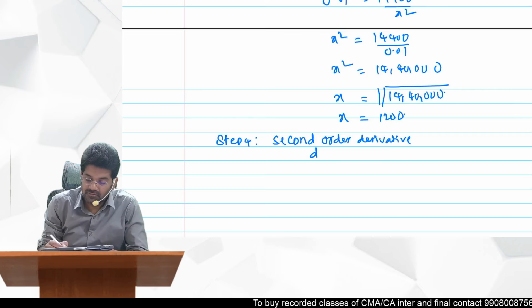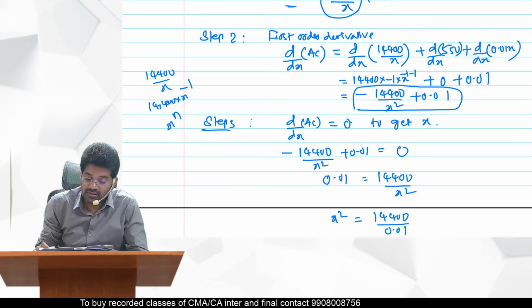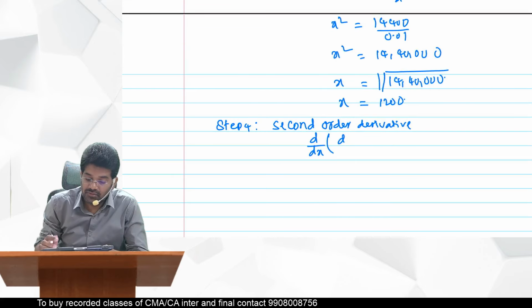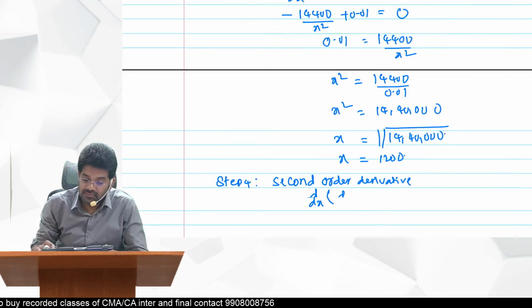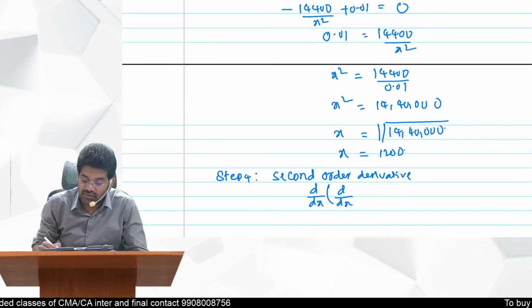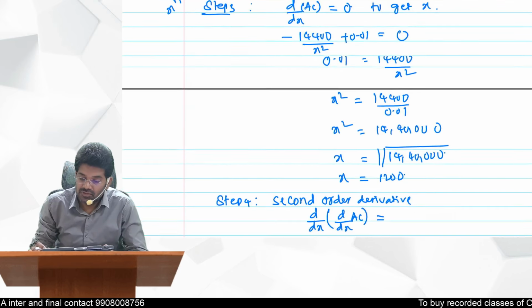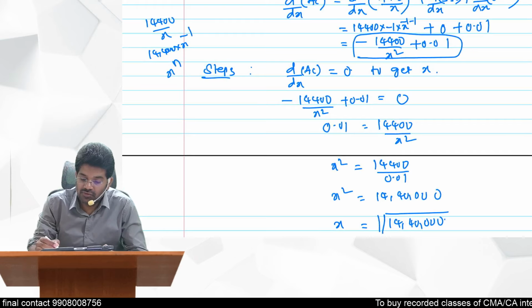So d by dx of AC: again minus 14,400 divided by x square.